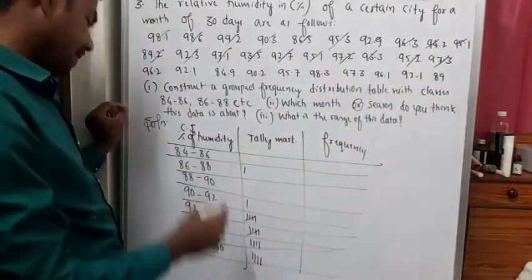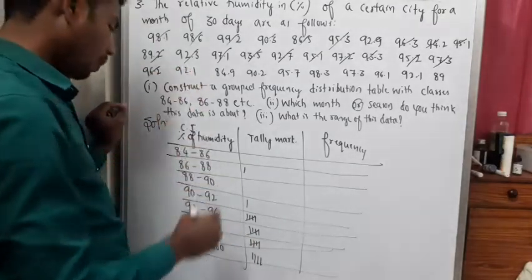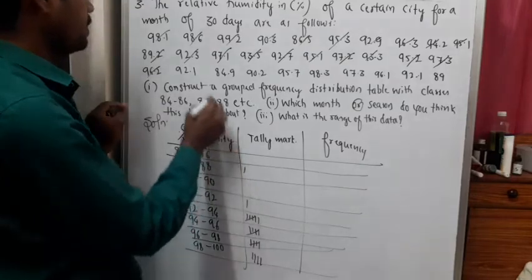Then 96.2 it will fall in between 96 and 98. 92.1. So it is in between 92 and 94.